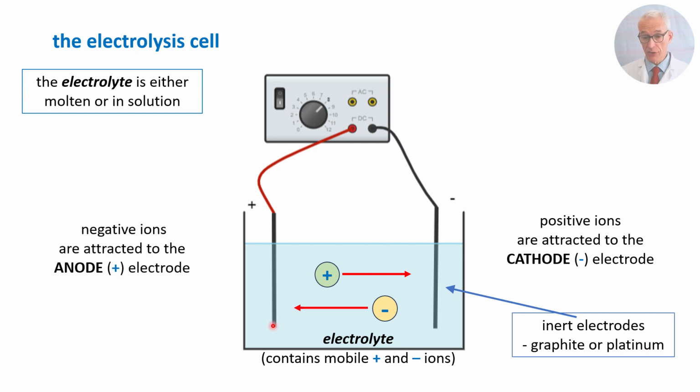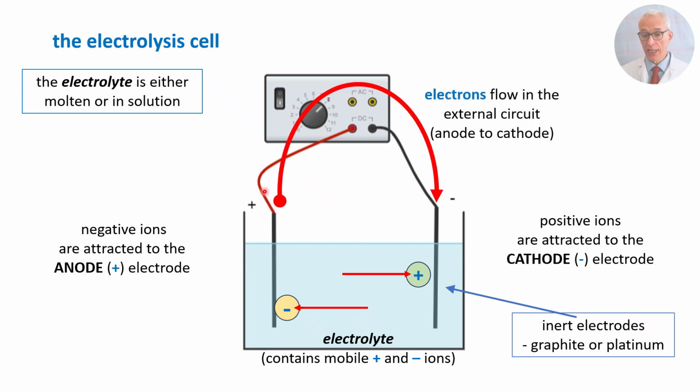The positive electrode is referred to as the anode and of course attracts negative ions. Electrons flow in the external circuit from anode to cathode, but across the electrolyte, it's charged ions that flow and carry charge.